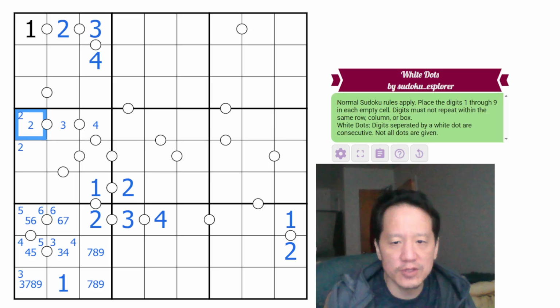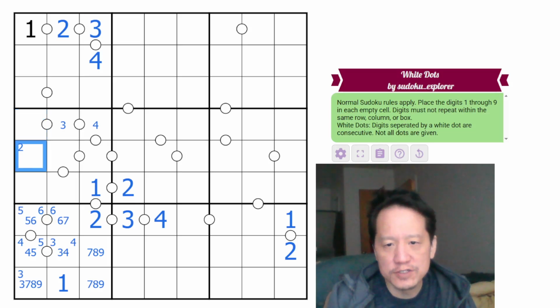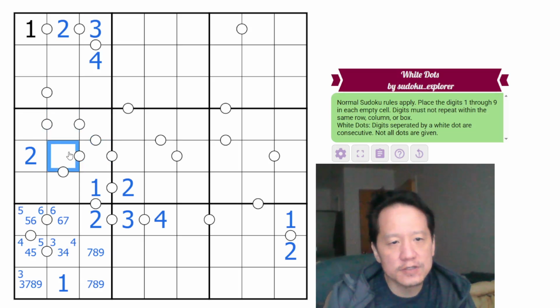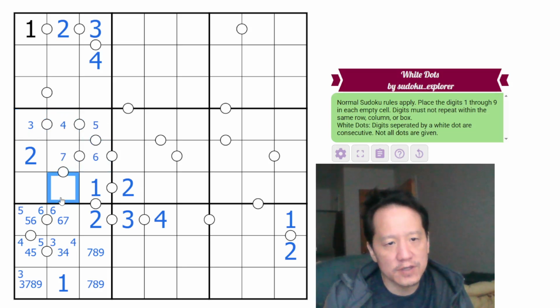So this cannot be the 2, which forces this to be 2. This can be one end, so it could be 3, 4, 5, 6, 7, 8. Or it could be the other end, which is 8, 7, 6, 5, 4, 3. Either way, these can't be 3 or 4.